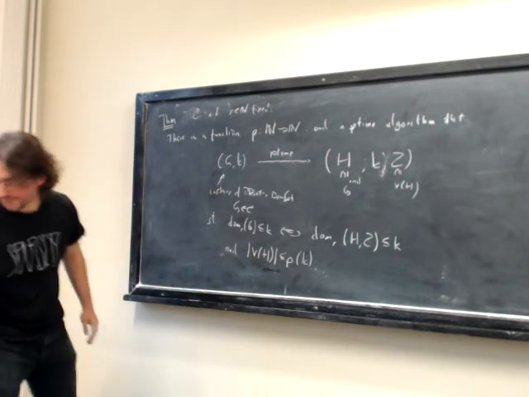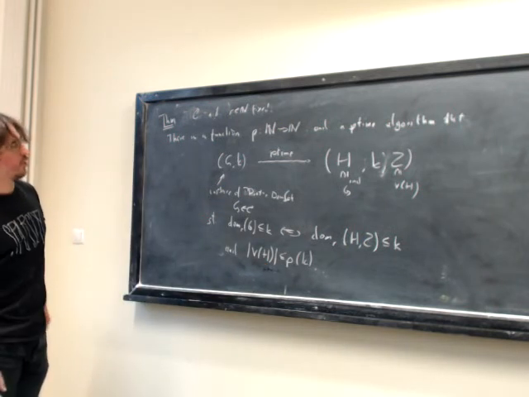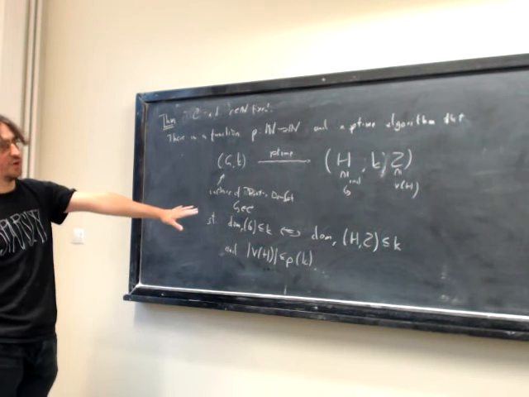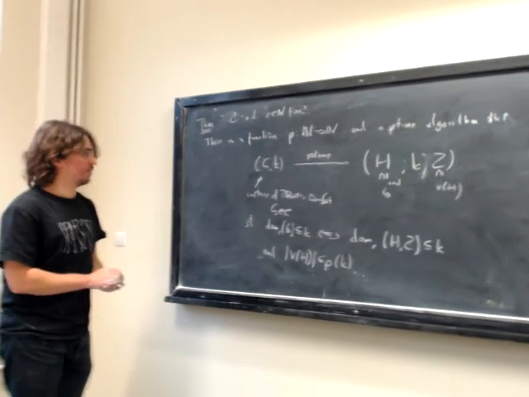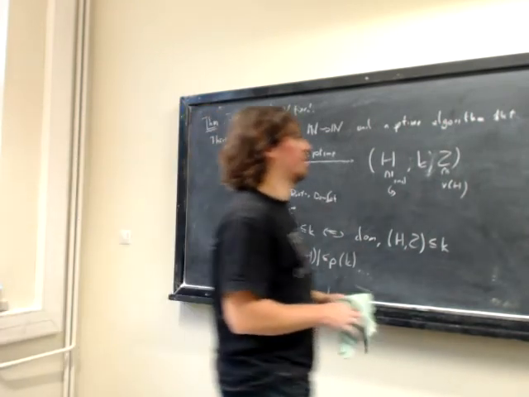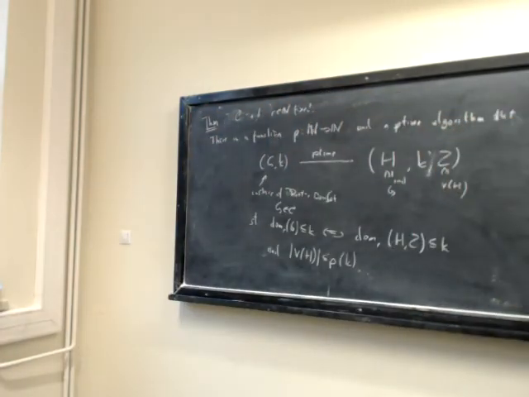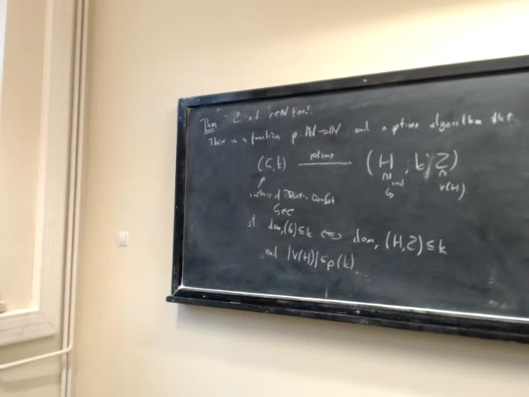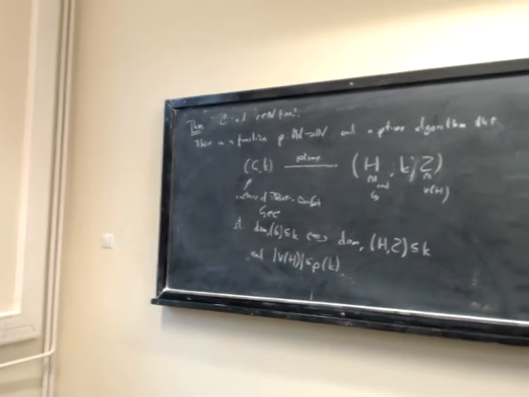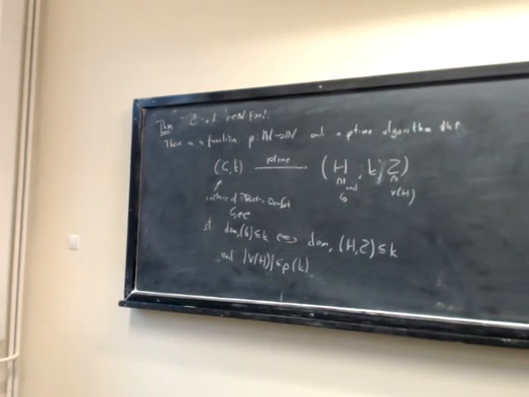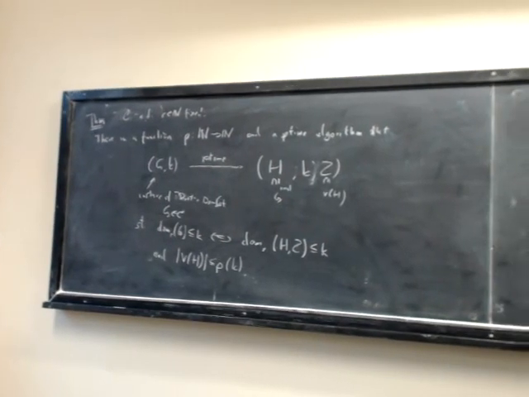So due to lack of time, I will sketch the proof of this, but I hope that it will be clear what happens in this theorem. So we have already observed that we can compute some domination core that is small.